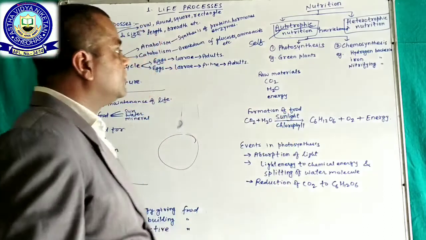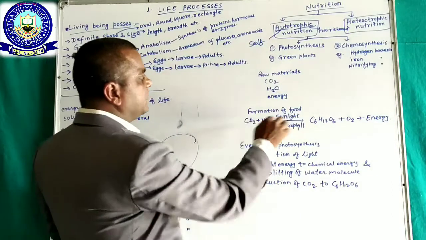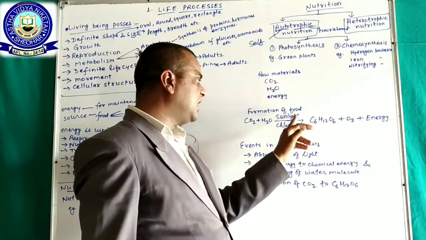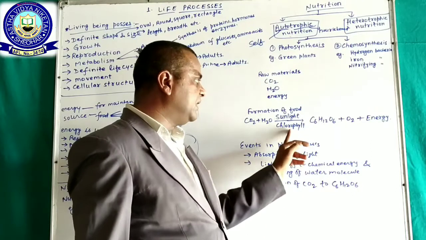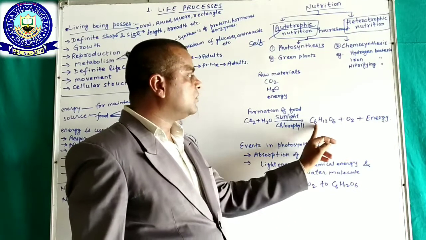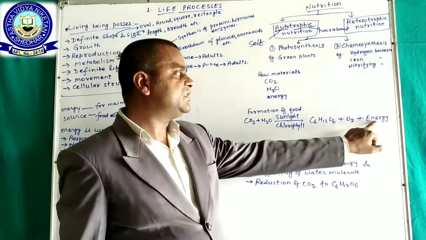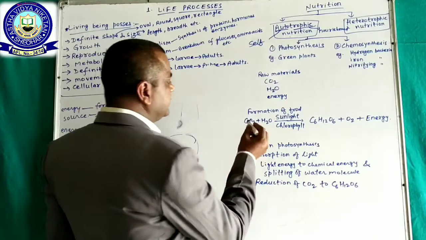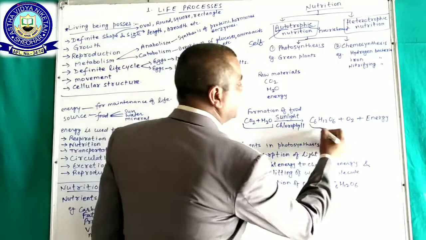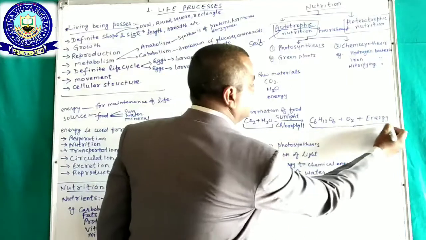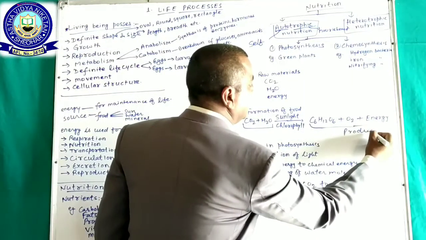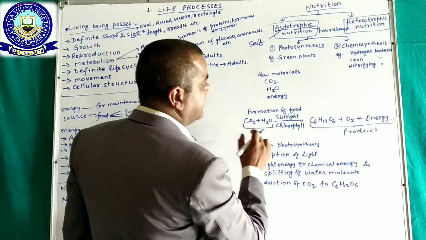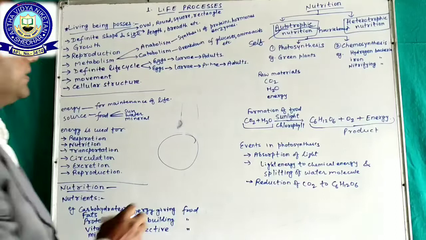So here is the formation of food: carbon dioxide and water in the presence of sunlight in chlorophyll are converted into glucose and oxygen and some energy. This side is called the product, and this is called the reactant.